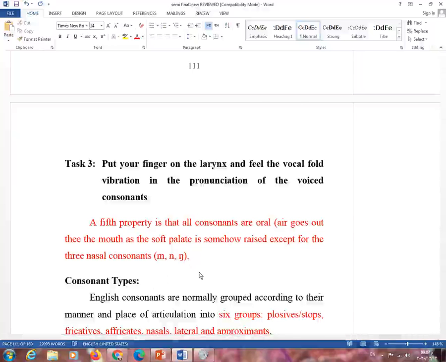And it can be lowered, and in this case, the oral cavity, التجويف الفمي, is shut, and air escapes out through the nasal cavity. And in this case, we pronounce three consonants in English, which are called nasal consonants, أصوات أنفية, as we see, m, n, and ng, which we pronounce when we say sing and thank you and so on.